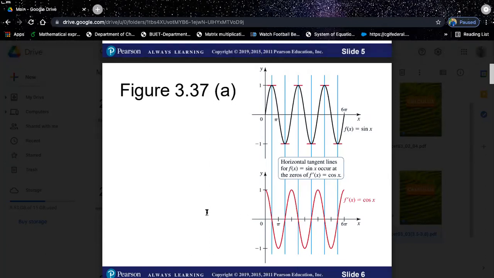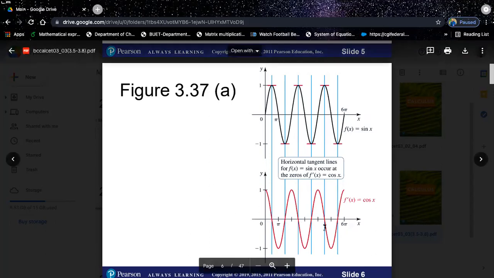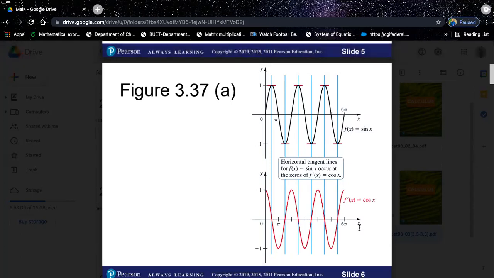Because if you remember the basic algebraic methods, on the x-axis the y value is always 0, isn't it?